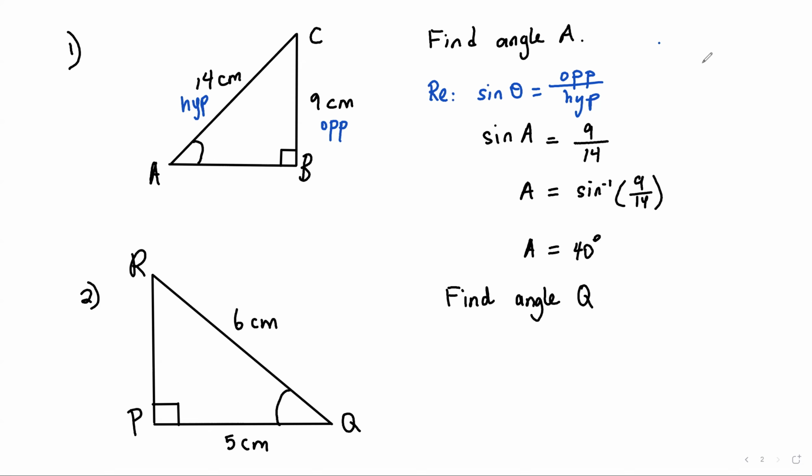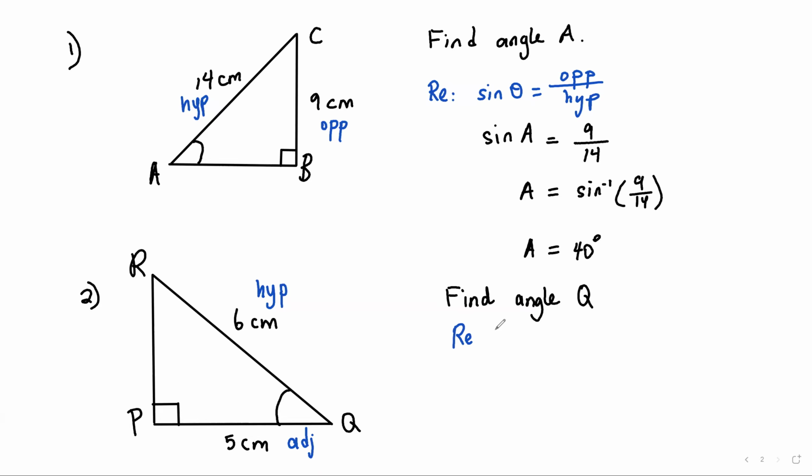I labelled the triangle. Yeah. Okay, so where did you label? Tell me. What's RQ? Hypotenuse, and then PQ is adjacent. Yeah, that's correct. Good. And then what?